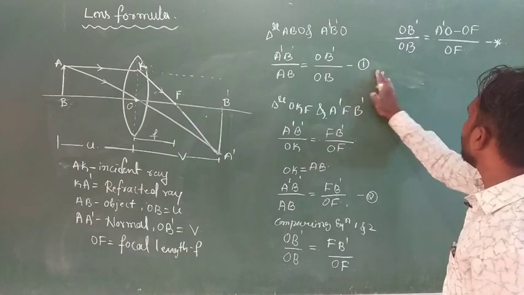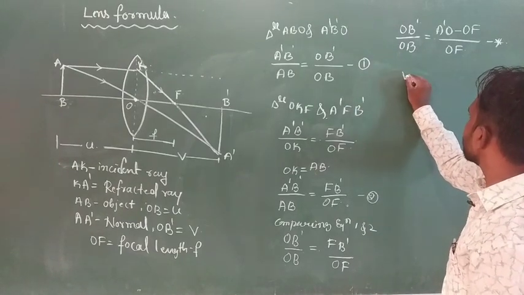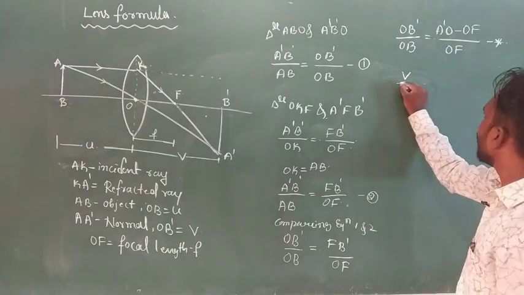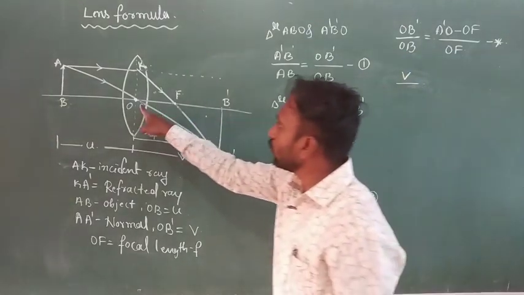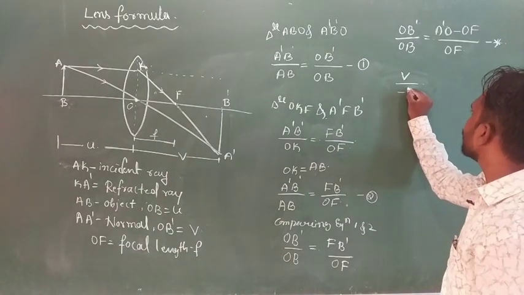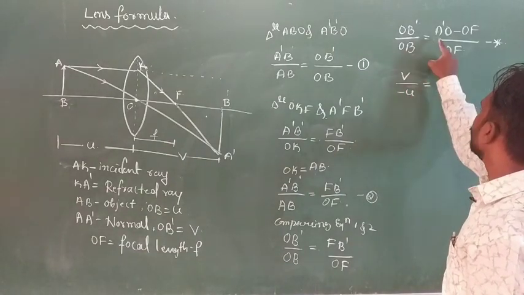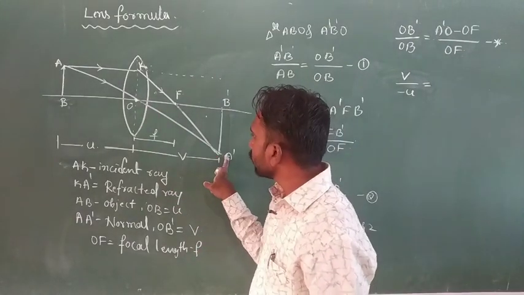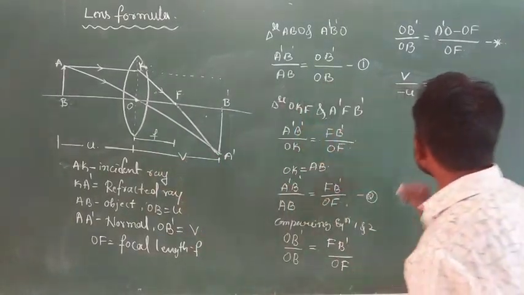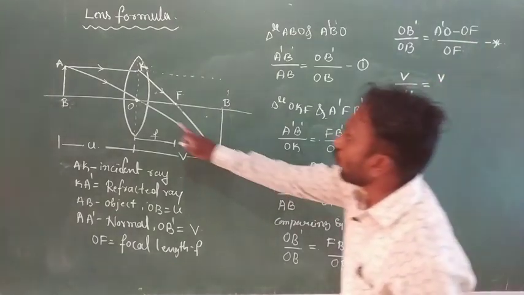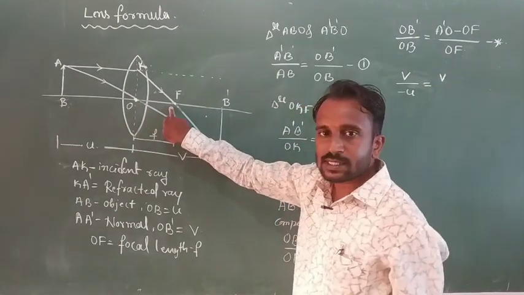So OB means object distance, which is negative, minus U, divided by OB', which means image distance. Image distance we consider positive because it is along the direction of incident ray, so V. A'O means image distance, positive V, and OF means focal length, so this is also positive.